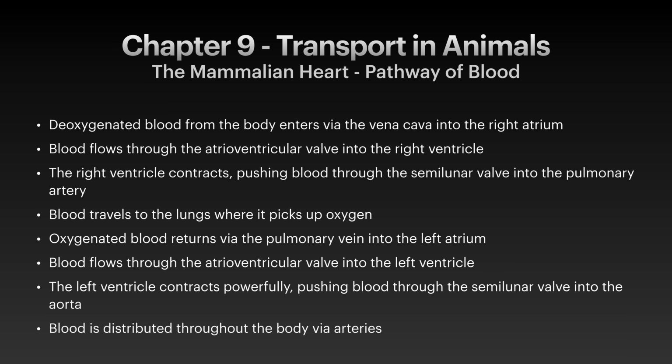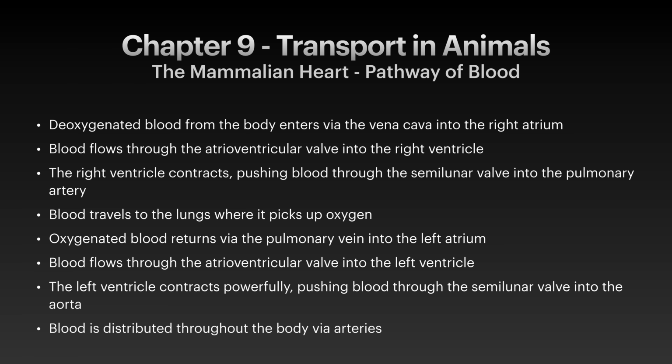Let's explore the pathway the blood takes through the heart, starting from the deoxygenated blood from the body, which enters via the vena cava into the right atrium. The blood then flows through the atrioventricular valve into the right ventricle, and the right ventricle contracts, pushing blood through the semilunar valve into the pulmonary artery.